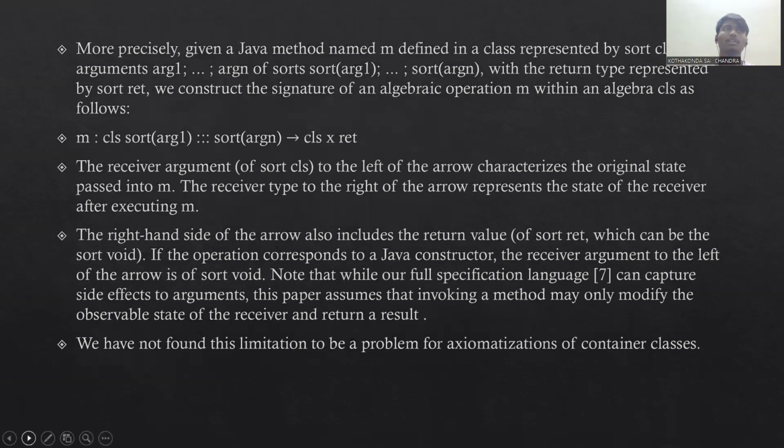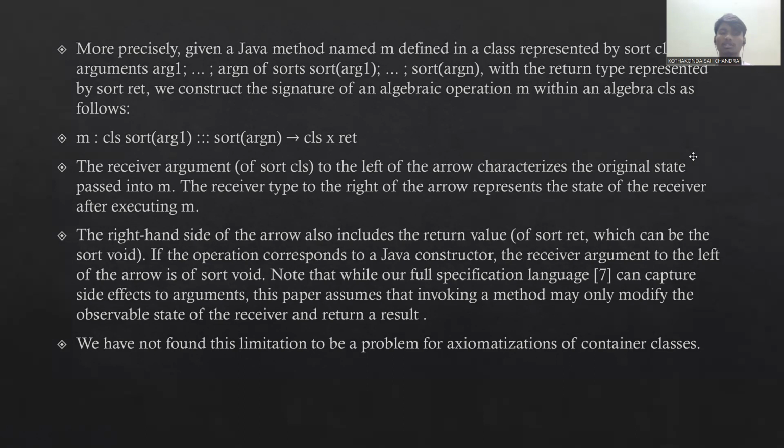More precisely, given a Java method named m defined in a class represented by a sort CLS, with n arguments, argument 1 up to argument n, of the sorts given as sort of argument 1 up to sort of argument n, with a return type represented by a sort return.